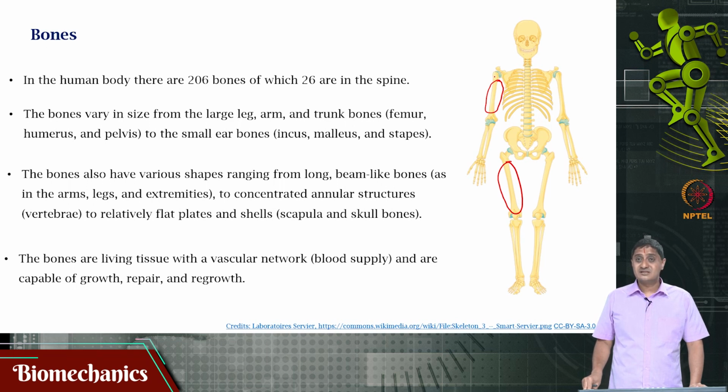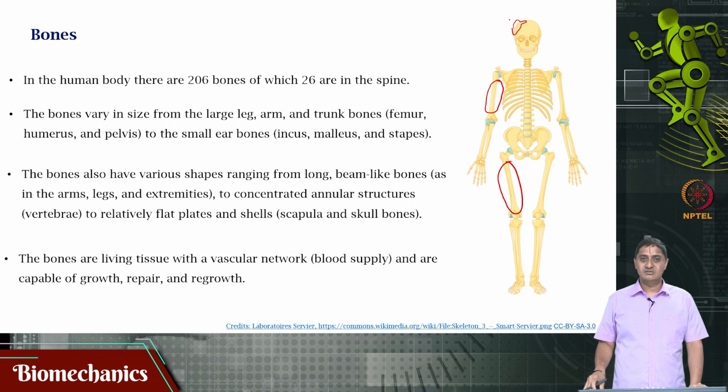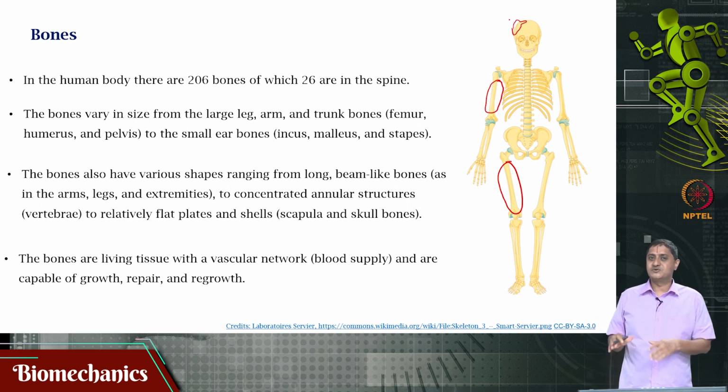For example, the scapula and bones in the skull are relatively flat and are sutured together. It's a miracle how this could even happen, but it happens. These bones are not actually fused when the human is born. When an infant or neonate is just born, these bones are not fused together.